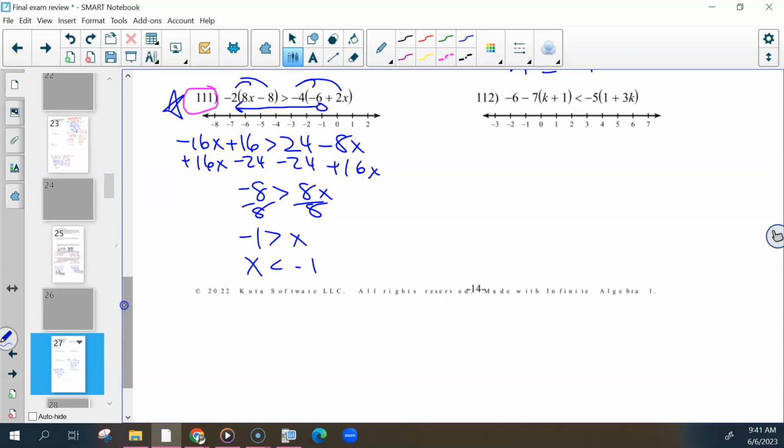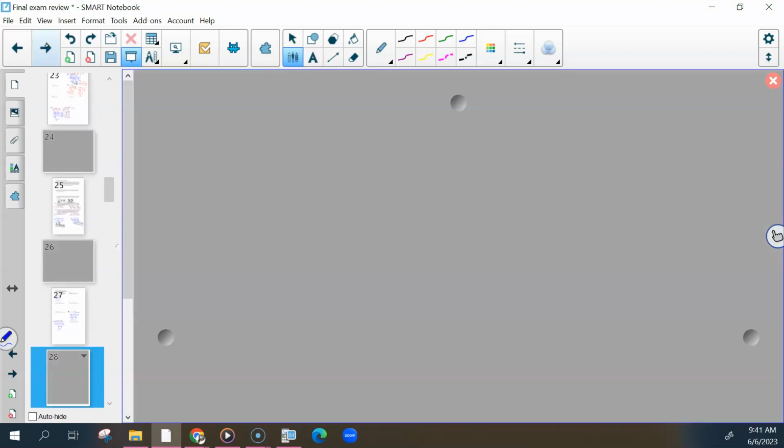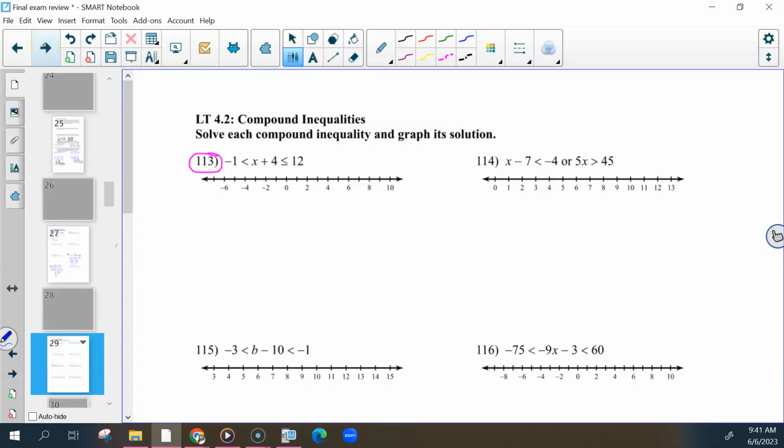Go on to the next page, and then after we do examples on this, we will stop. Now we're on compound inequalities, which should be similar to what you were doing not too long ago in Unit 9.